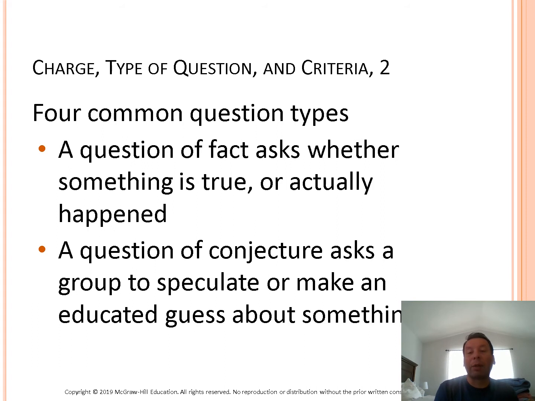Now, four common question types that you need to consider here. A question of fact asks whether something is true or actually happened, right? So when you're talking about common question types, these are things that question what's going on, right? It's a fact, right? A question of conjecture asks a group to speculate or make an educated guess about something.